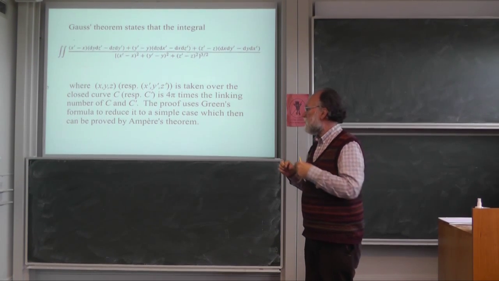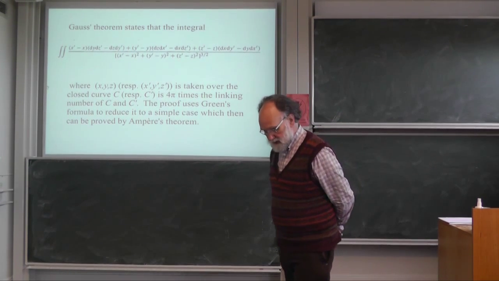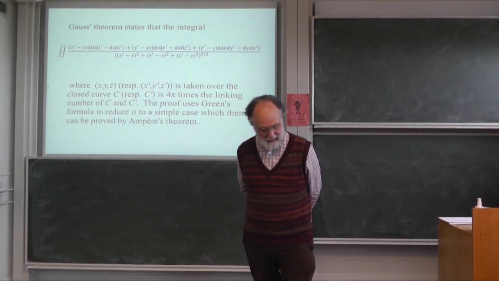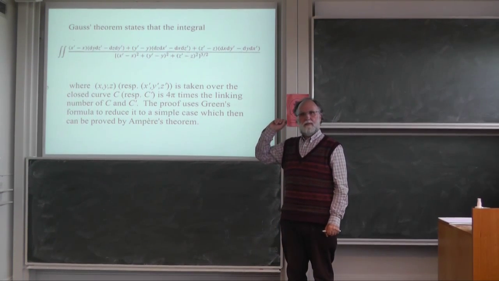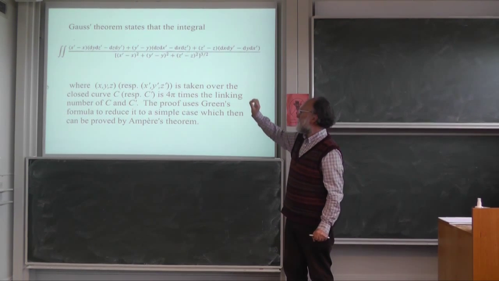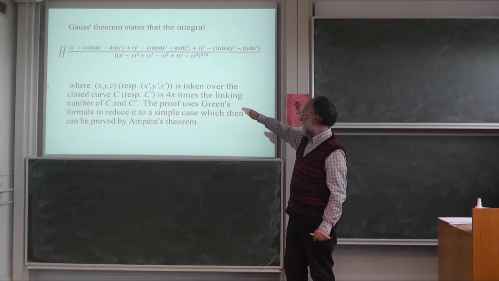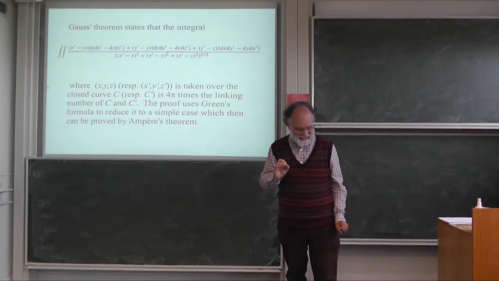They're closed, simple closed curves, and one gets the linking number as an integral. So this is the first example of integral geometry. It's an integral which represents something very geometric, and in fact, apart from the 4 pi, an integer.